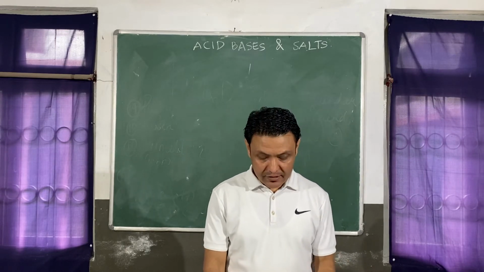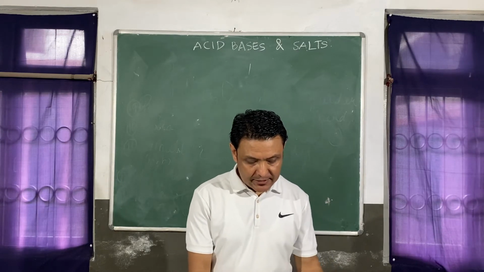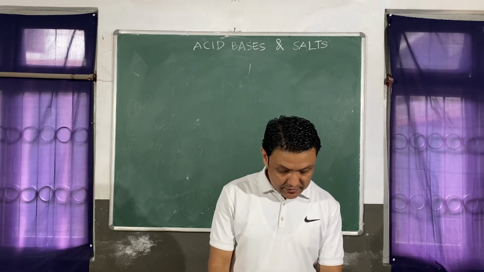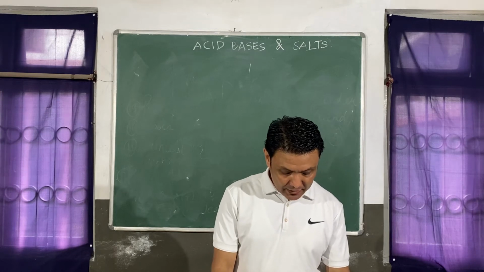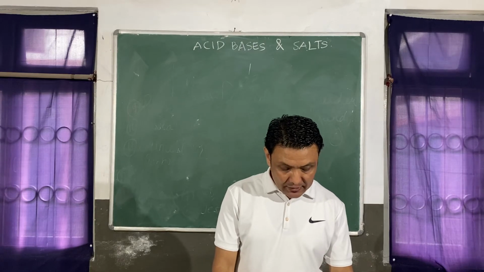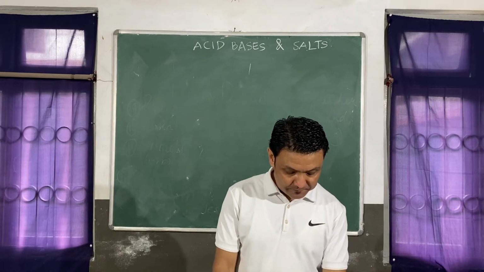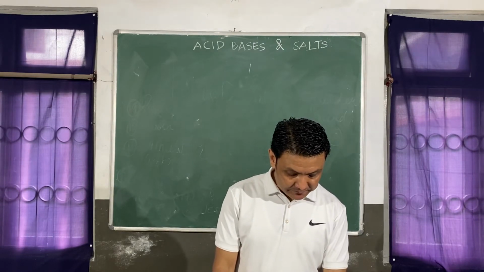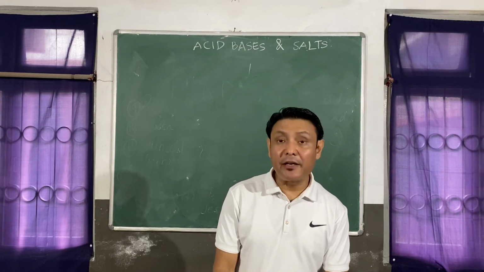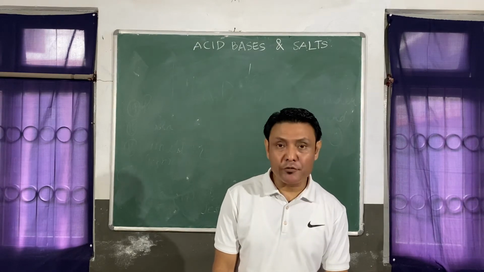And about the syllabus, the entire syllabus for acids, bases and salts is intact except for the last portion. If you go to page number 22 in the syllabus section in the front portion of the book, you will see that methods of preparation of normal salts with relevant equations is excluded, so you do not have to study that much.